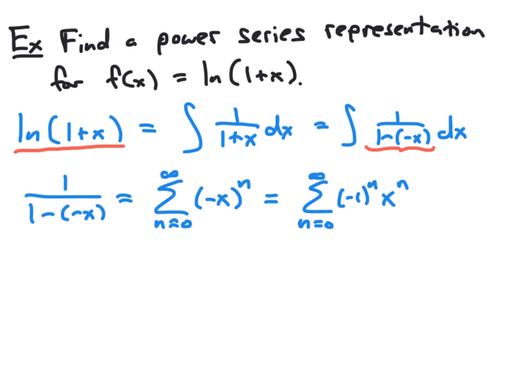Now notice that the negative 1 to the n part of this series is actually just a constant. Even though it involves n, it does not involve x, and therefore it's always either positive or negative 1 depending on what term in this series we're considering. If we want to write out the first several terms of this series, we can do that quite easily. They would be 1 minus x plus x squared minus x cubed, and so on.